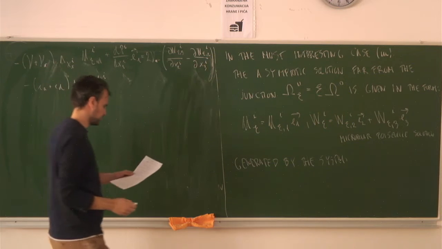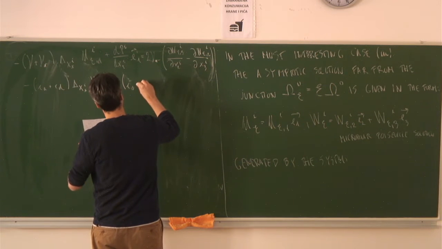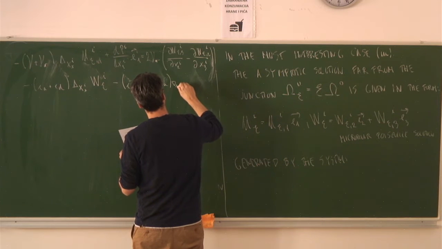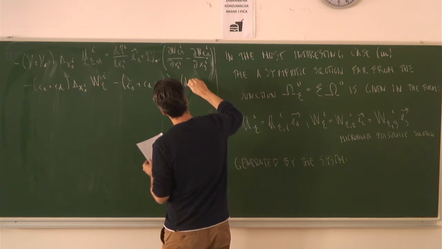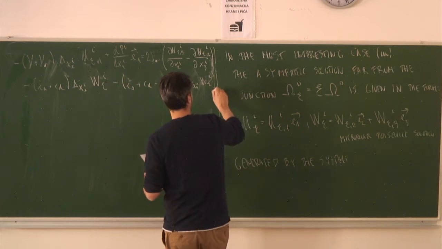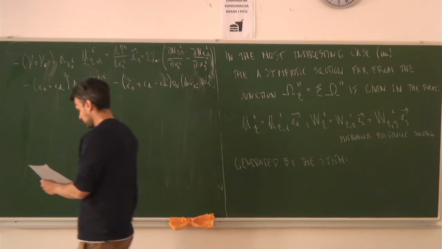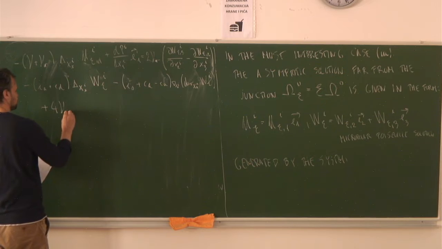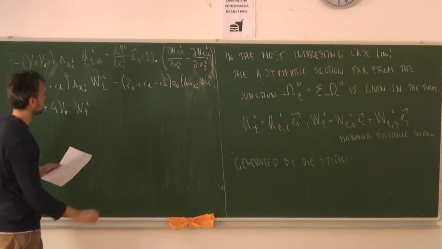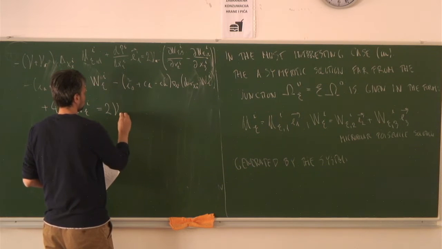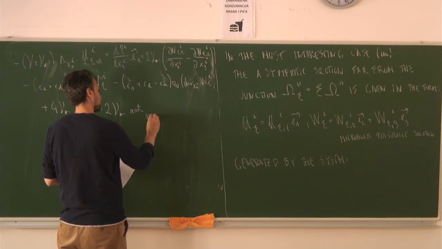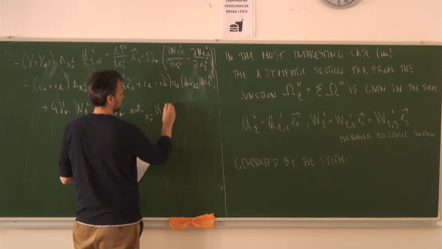So Laplace of v epsilon i minus C_0 plus C_d minus C_a gradient x star i divergence star i of v epsilon i, plus 4 d_r v epsilon i, which is equal to 2 d_r rotation x star i of u epsilon 1 i.